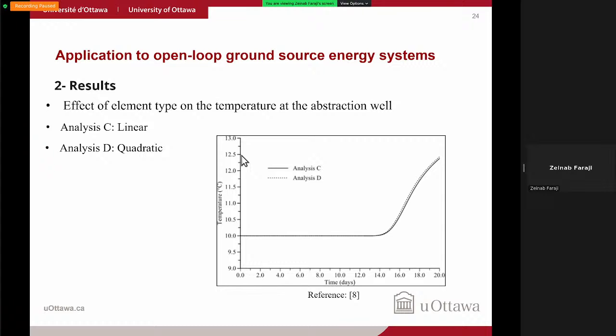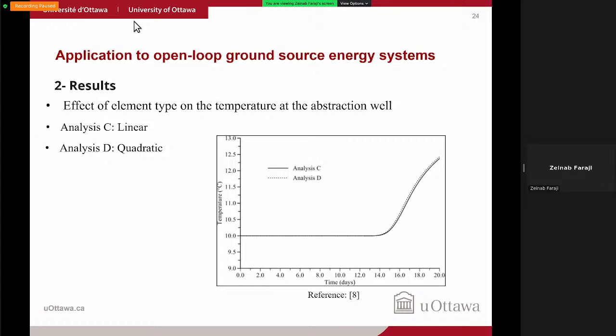The two results are very close, and that's because of using the fine mesh. In general, if we use a fine mesh, we're going to get better results because it is a better way to describe all the details.